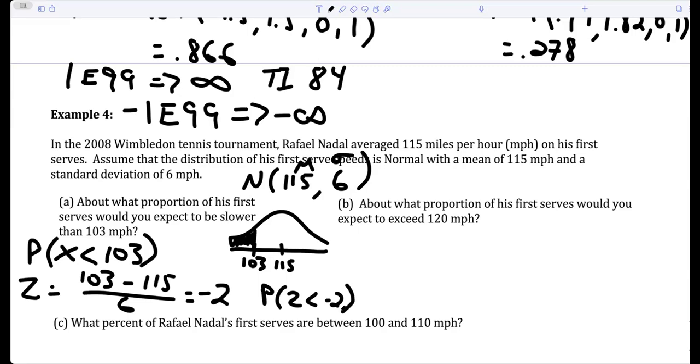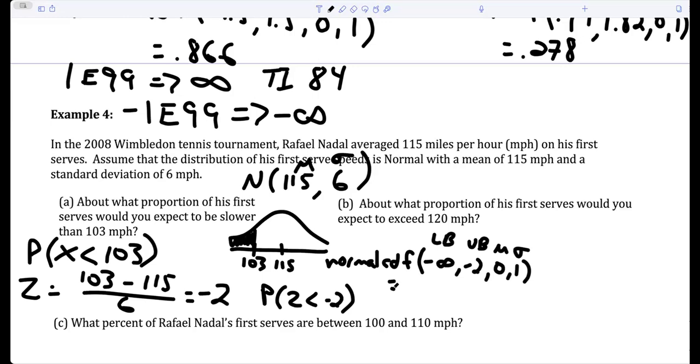And so I'm going to put that into normal CDF. We want our lower bound to be negative infinity, our upper bound to be -2, mu and sigma are 0 and 1. Lower bound, upper bound, mu, sigma. So take your calculator and put that into normal CDF.